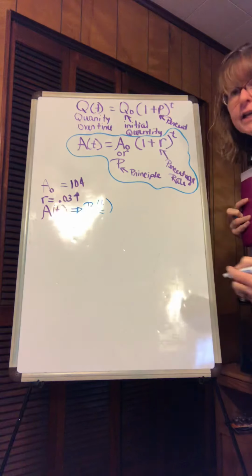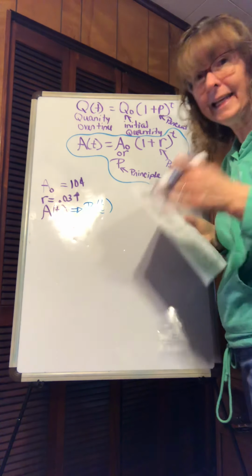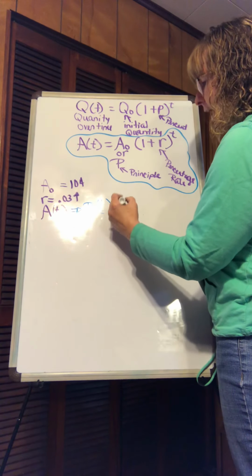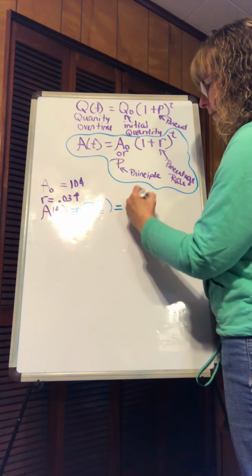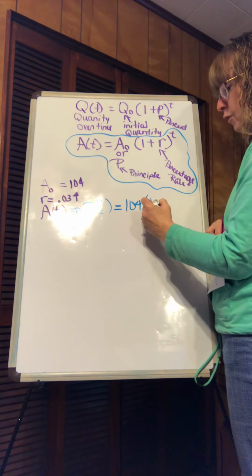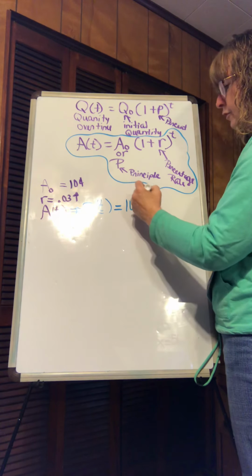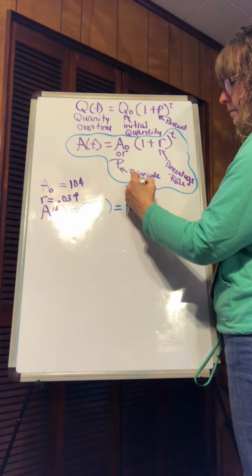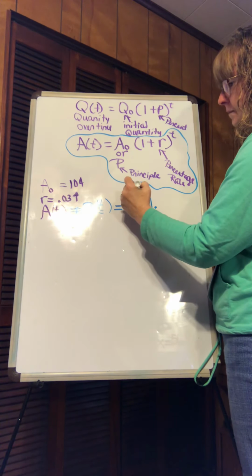Okay, they want me to change the variable. They can do that in the problem when they tell us to. So we had 104 bats to begin with. We're keeping 100% of our bats. Remember, the 1 means I'm keeping 100%. Keeping all 104, and now I am increasing by 3% over time. So there's my equation.